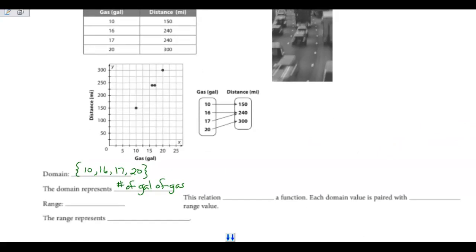The range is my y values. So it is 150, 240, and then 300. Because 240 was already listed once, it does not need to be listed again. The range is the distance in miles.